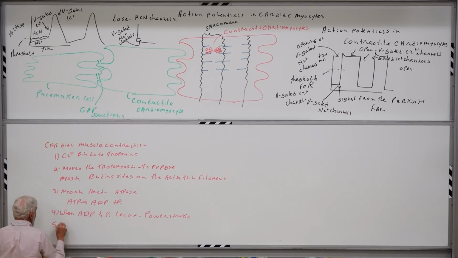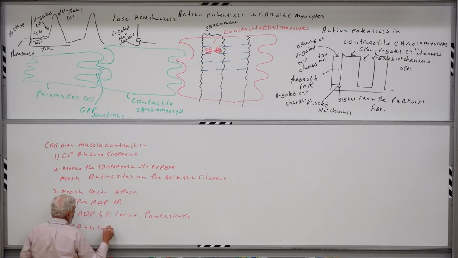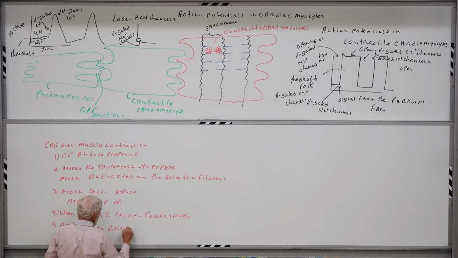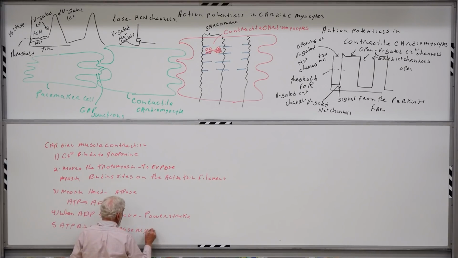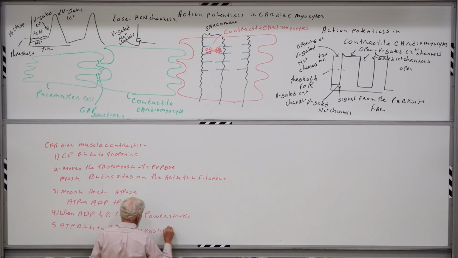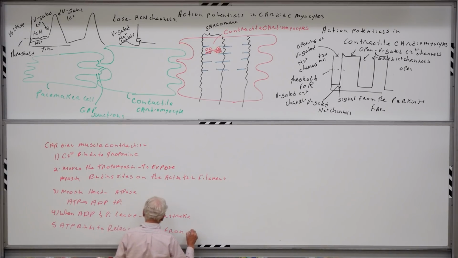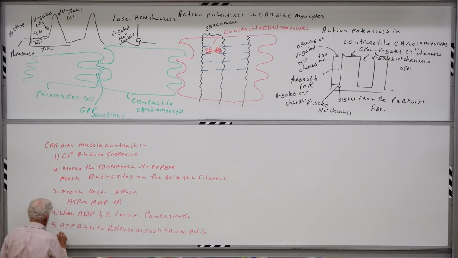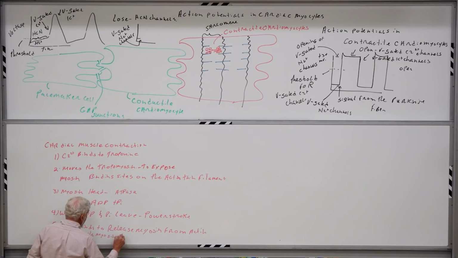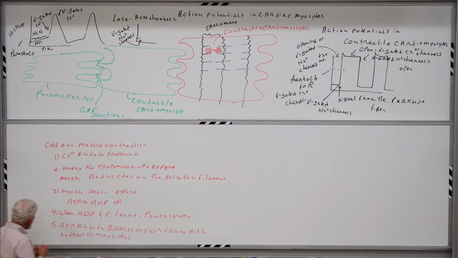And then ATP binds to release myosin from actin and reset the myosin head. These are precisely the steps we found in skeletal muscle.